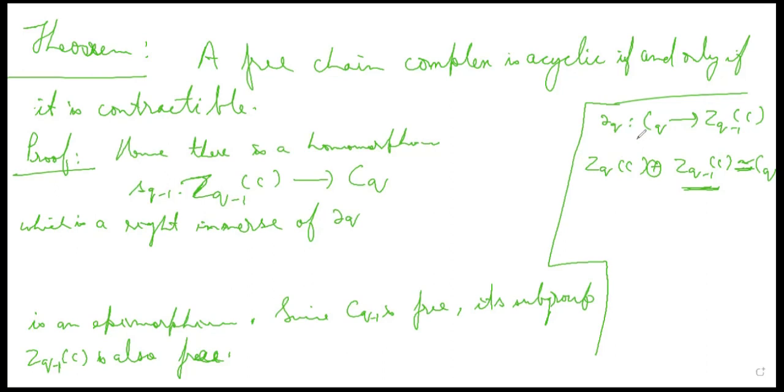And then when you compose this with this one, then you will get ∂_q S_{q-1}. It will be identity on Z_{q-1}(C).